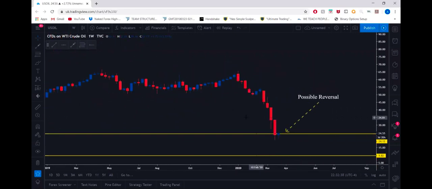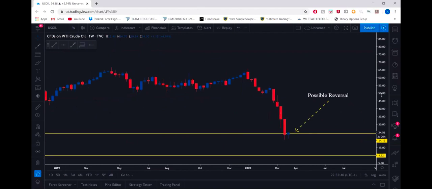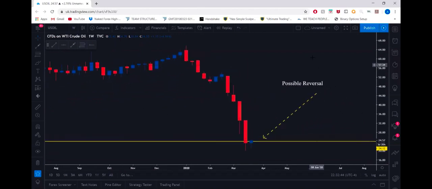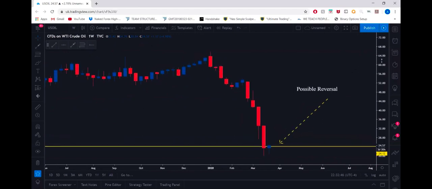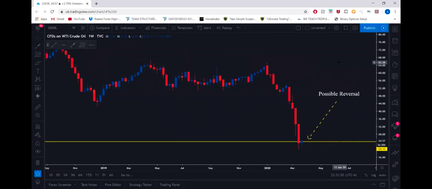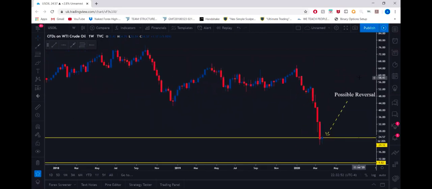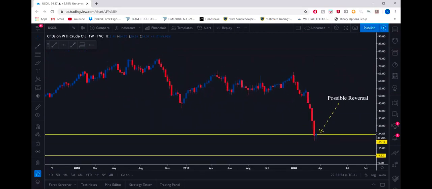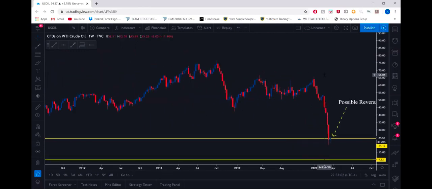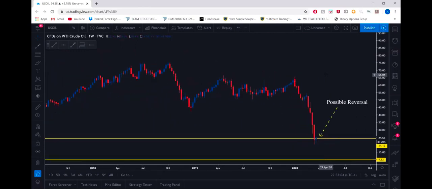Oil prices are, as you see, way down, and every time price is really down, the demand rises, with the principle of buying low, selling high. Well, oil is pretty low, just 24.57. So really good price to buy from.